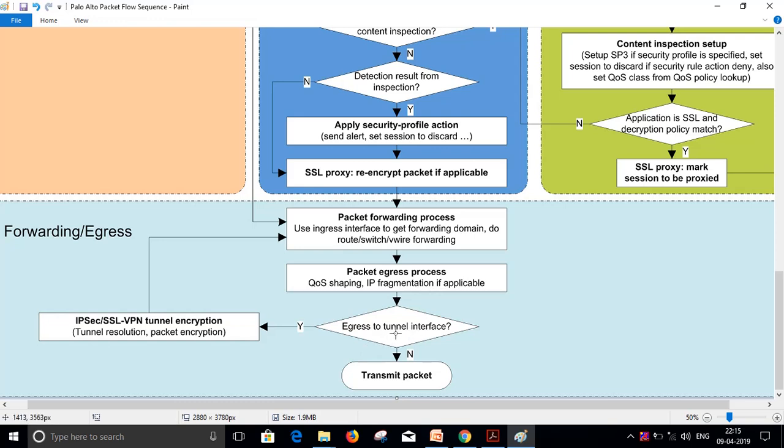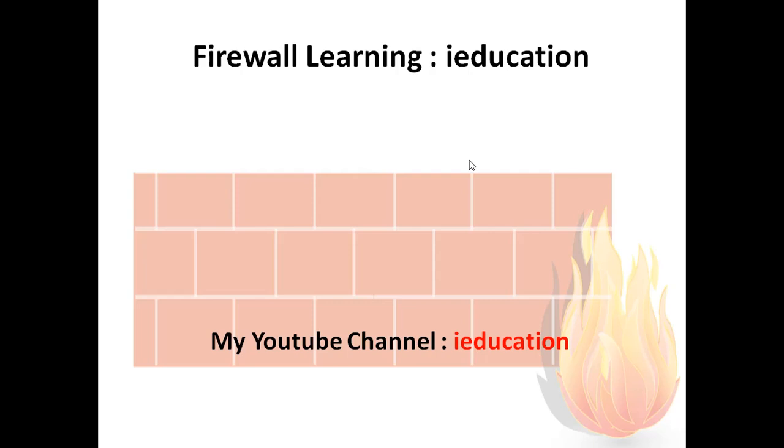Egress to tunnel interface: if the egress interface is a tunnel, then IPsec SSL VPN tunnel encryption is done. And if it is no, then the packet is transmitted.